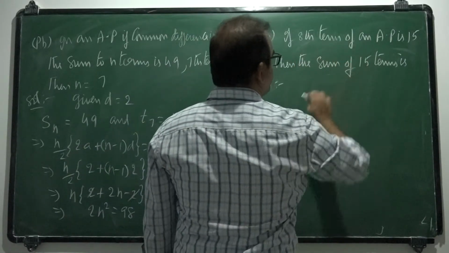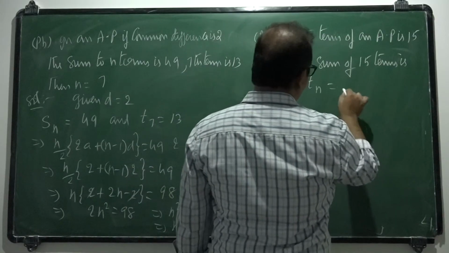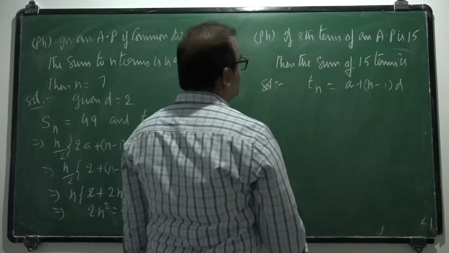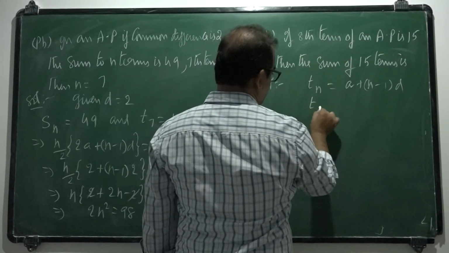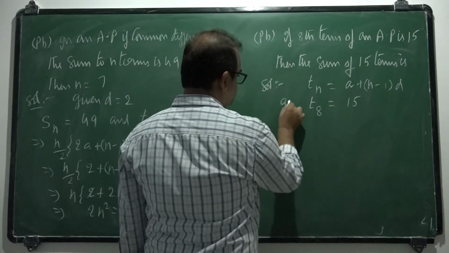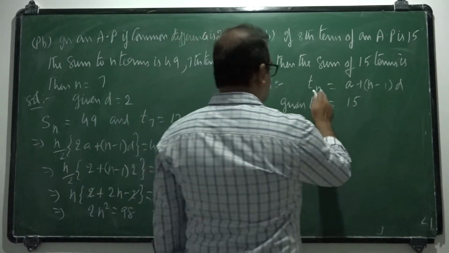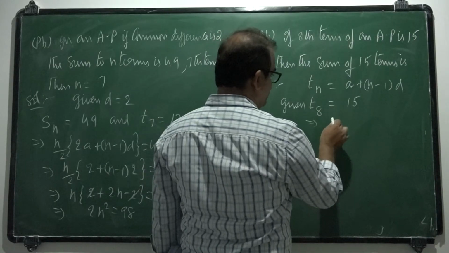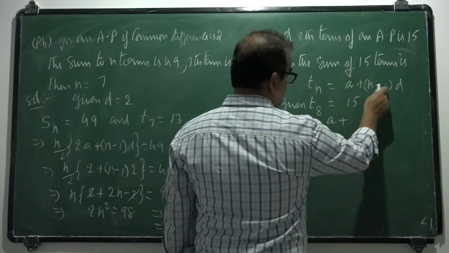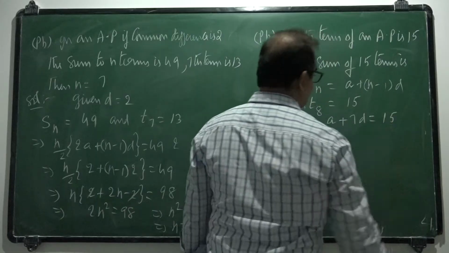Eighth term of an AP is 15. What is the formula of nth term of an AP? a plus n minus 1 into d. Here eighth term T8 is equal to 15, that is given. From this formula, T8 is a plus n minus 1, n is 8, 8 minus 1, 7, a plus 7d, that is equal to 15.